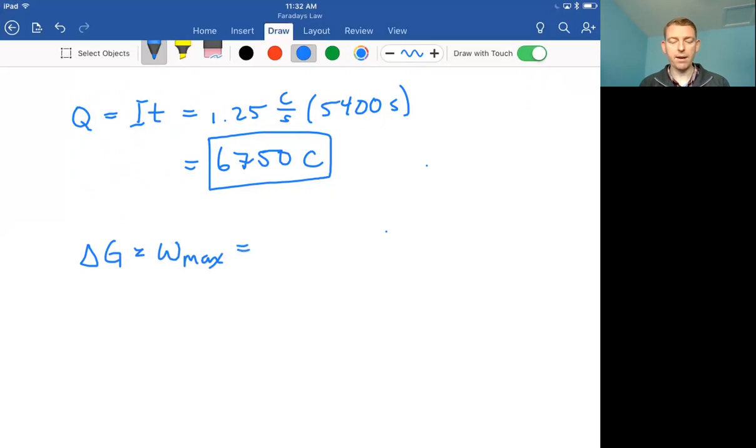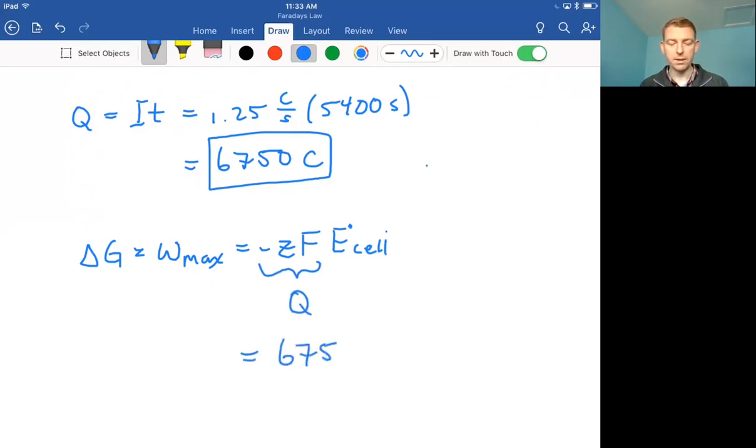And we also have a relationship between the cell potential and the charge that passes through the reaction back to delta G. So we've been writing it recently as moles of electrons times Faraday's constant times the cell potential. But you'll also remember that that first part is just the charge. So we can use the charge we've already calculated.